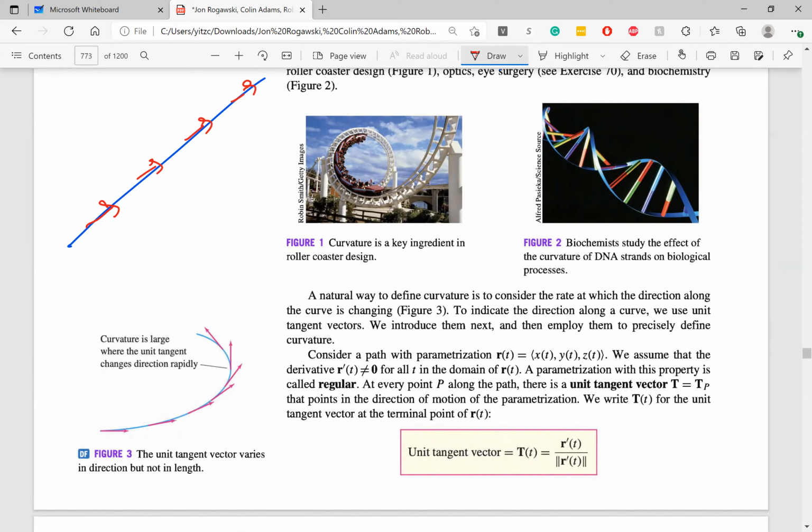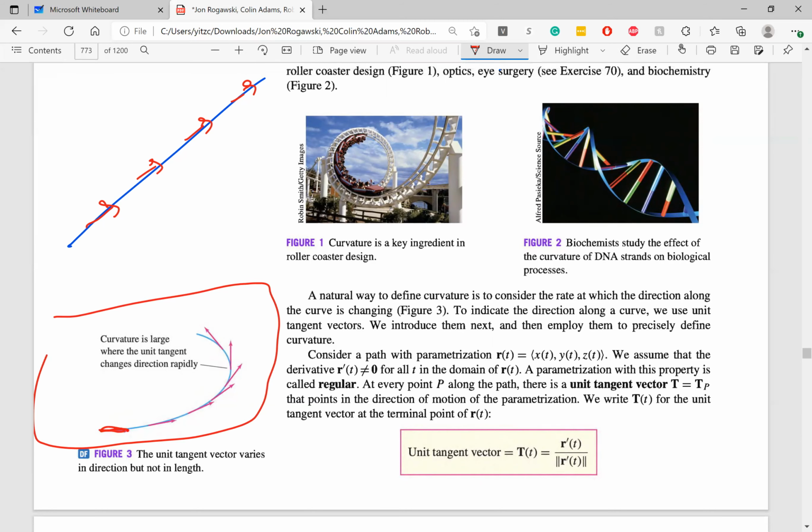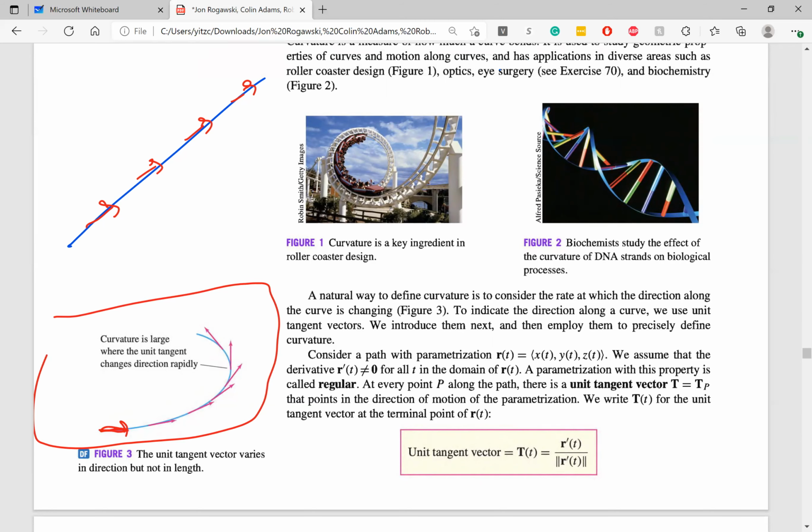It might get bigger, but it's not like twisting or anything. Versus something like this, where the curvature might be a little larger because you can see over here your velocity vector is going in that direction, but at the end of this whole thing, it's going in this direction. So your velocity vector has been changing, so you have a high curvature.